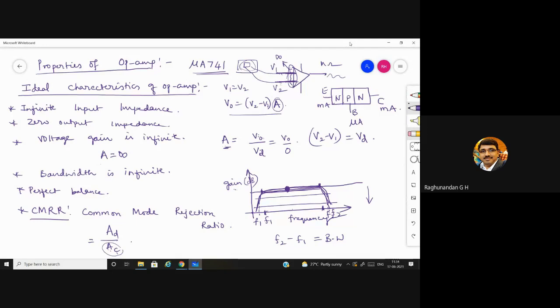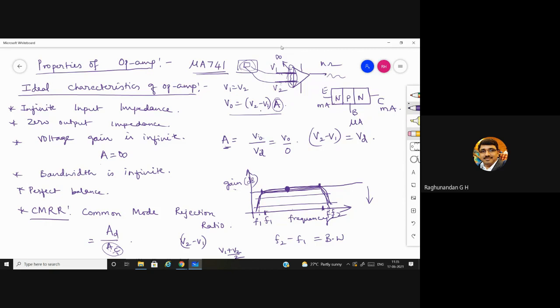This is the gain obtained because of the addition of that unwanted signal to both the terminals V1 and V2. So the input voltage for the differential gain is considered to be V2 minus V1, but for the common mode gain, the voltage is considered to be V1 plus V2 by 2.